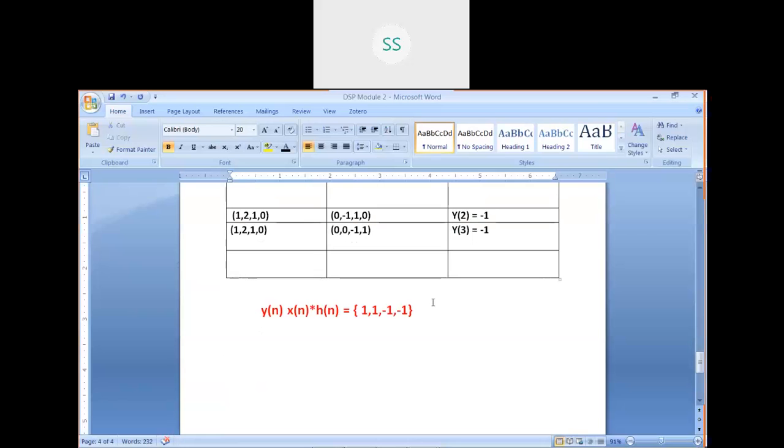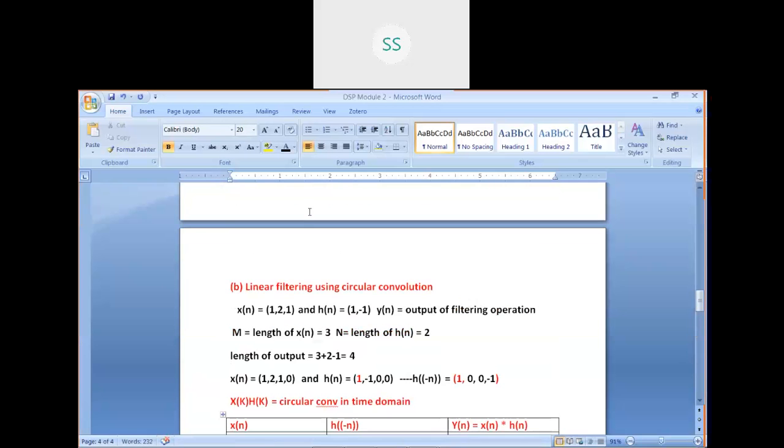This is the condition when unequal length sequences are considered for operation. Now this method is most convenient, and what may be the reason? The DFT IDFT method you can use very easily if the length comes to be 4. Now this length comes to be 4.